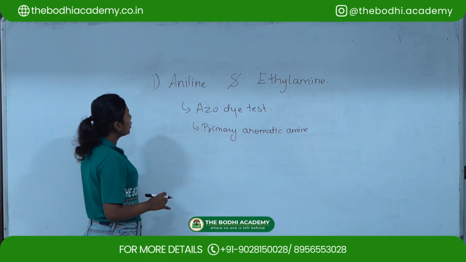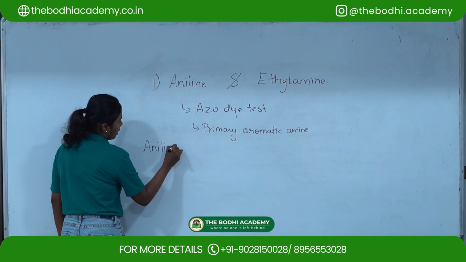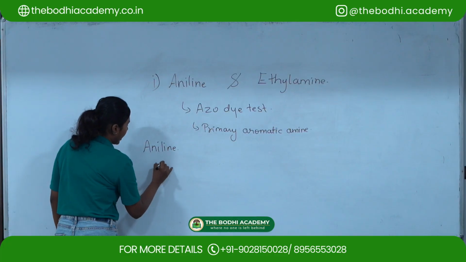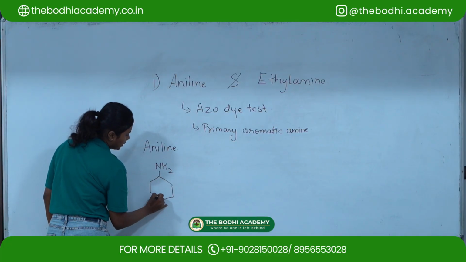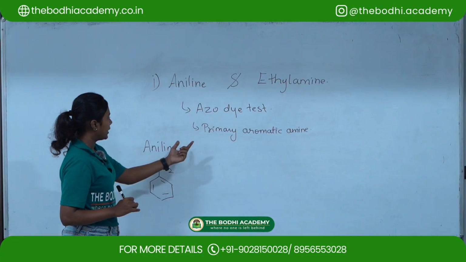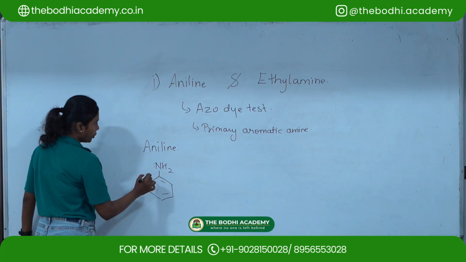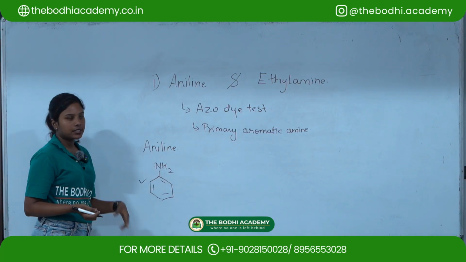It should firstly be an aromatic amine and it should be in its primary state. Now if we look at aniline, we have NH2 and the benzene ring. Our criteria are met: firstly it is a primary amine, secondly it is aromatic because there is a benzene ring, and thirdly it has an amine group.